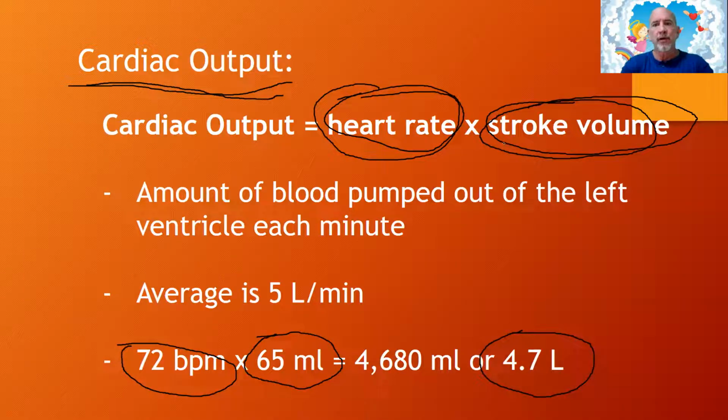The stroke volume or the cardiac output, usually we use an ultrasound to look at their heart and tell us how much blood is actually being pumped out of the left ventricle. But you might run into cardiac output again, so I want to throw that in there. So remember, heart rate times stroke volume, basically how fast the heart's going, how much it's putting out, will tell you what their cardiac output is. Very important number.